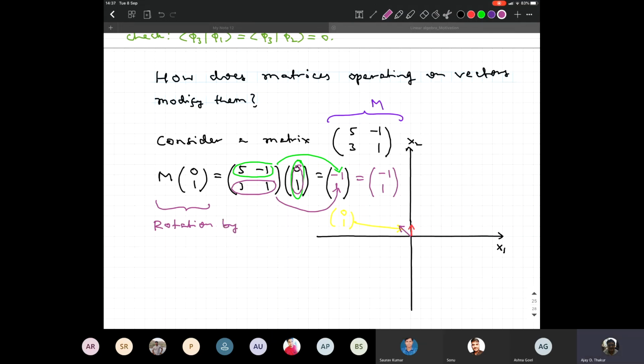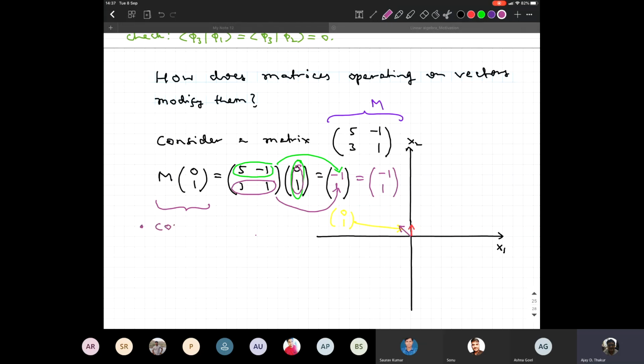So essentially, when you are applying M on 0, 1, this action is a rotation by pi by 4, in a counterclockwise direction. So counterclockwise rotation by pi by 4. This does two things, and that's where I want to check.